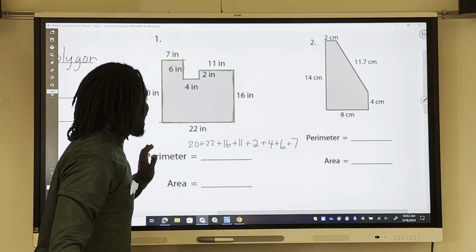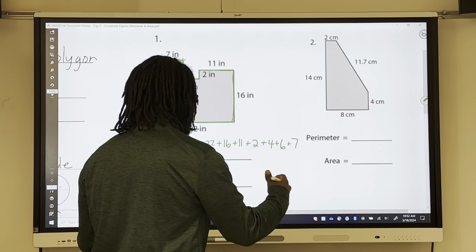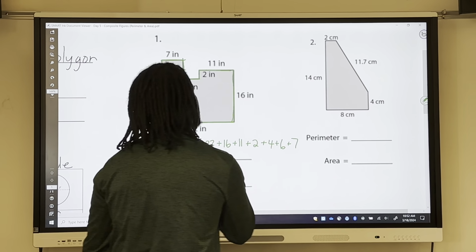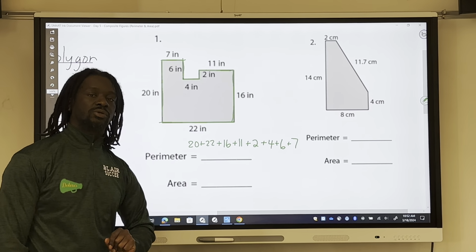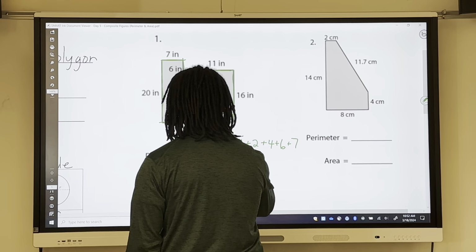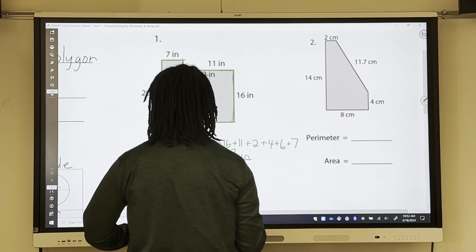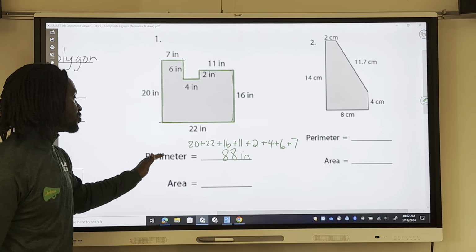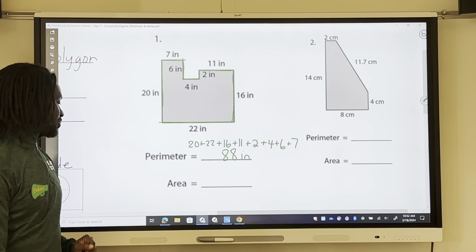All right, so I add up all of those numbers. You take your calculator or Desmos and you add up all of those, and I want you to put your answer there, and the answer is 88. And we always have to include our unit, which is inches. So it's 88 inches once you add up all of those numbers.